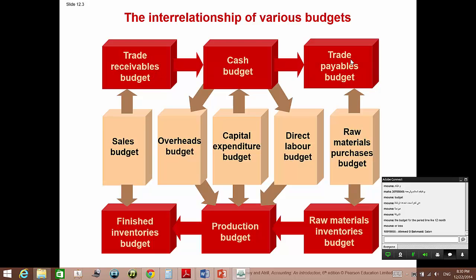Accounts payable means for how long the suppliers give us a limit for paying for our purchase, if we buy from the suppliers on credit also. So we need to plan each part of the business carefully in order to cope with the change during the operations and during the production.